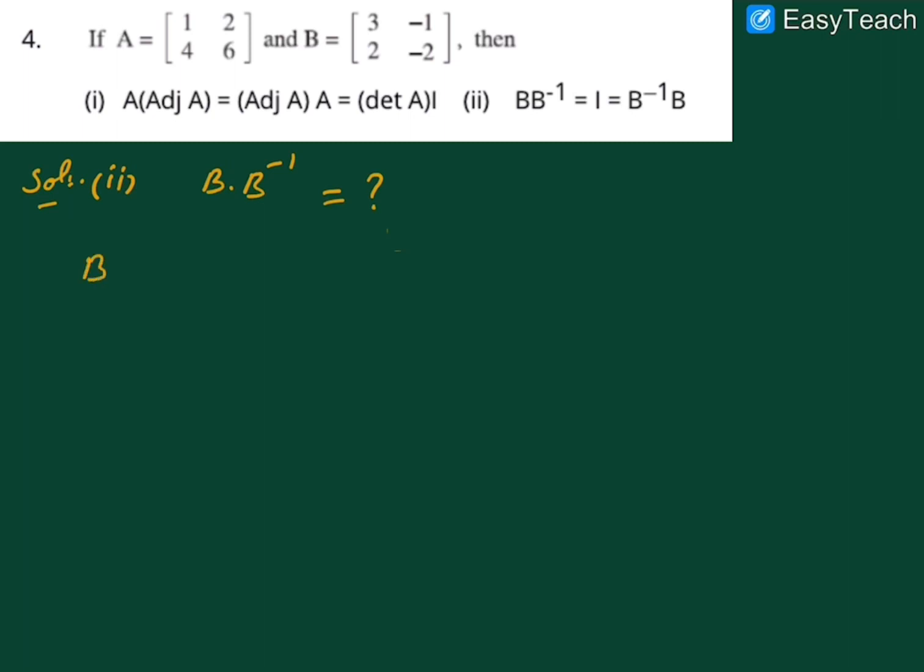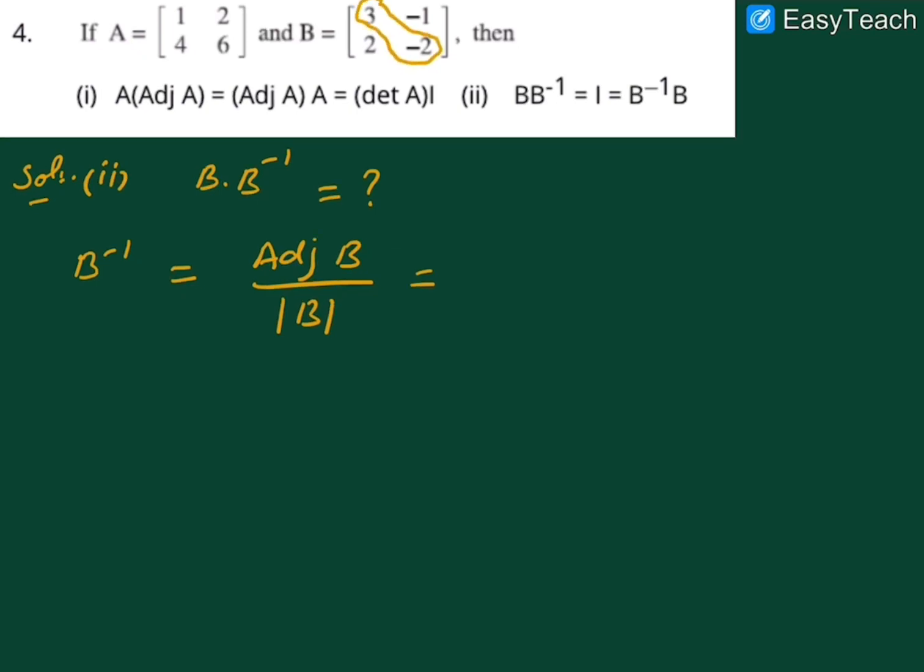So what is B inverse? B inverse, you know, is adjoint of B over B determinant. So what is adjoint of B? Just interchange the position of the main diagonal elements, -2 and 3, and change the signs of the other elements. So -1 becomes +1 and 2 becomes -2.